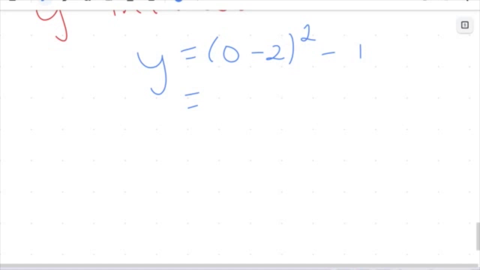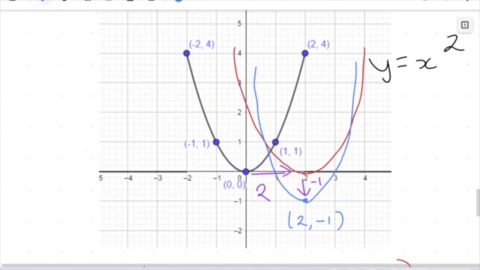And (-2) all squared gives me 4, minus 1 gives me 3. So let's draw this again. This is where, once you actually calculate it, you want to be a little bit more specific.